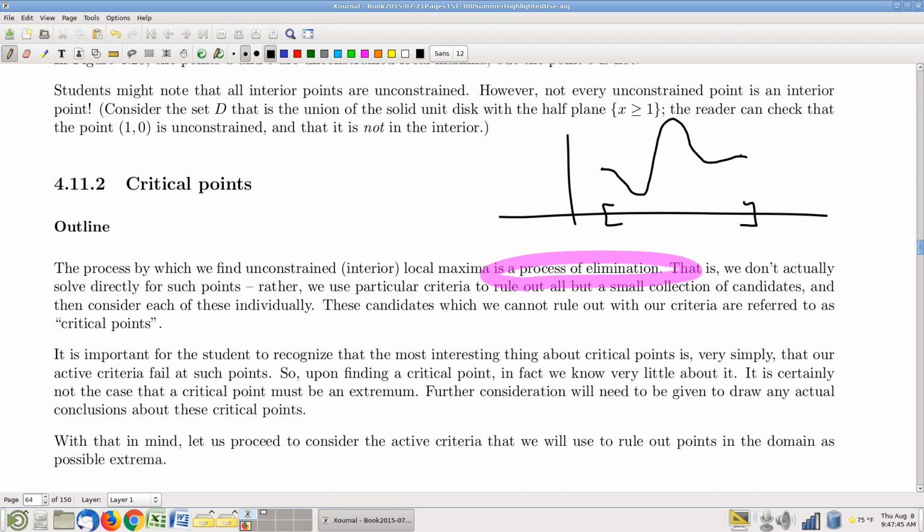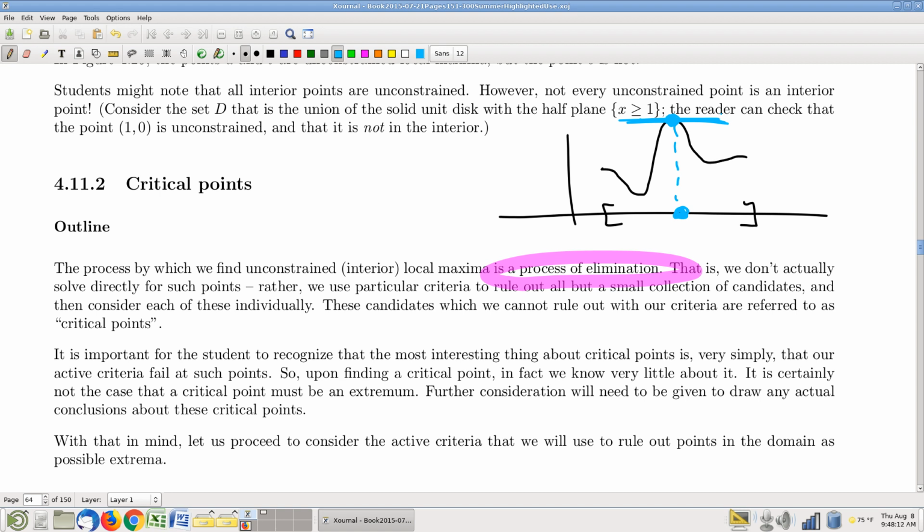How would I find the maxes? Well, you all know the rules. You take the derivative, you set it equal to 0, you check the endpoints also. Okay. So let's think through that process. What do I learn about this value of x down here? What do I learn about that point? By virtue of the fact that at that point the derivative is equal to 0, does that tell me that it's a maximum?